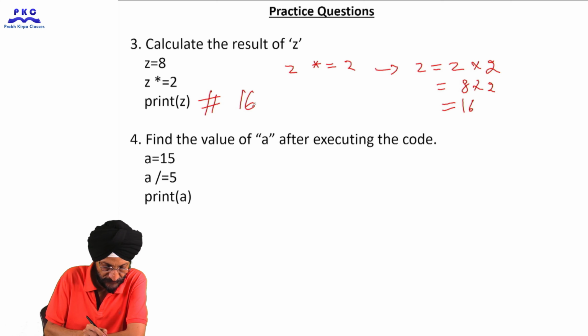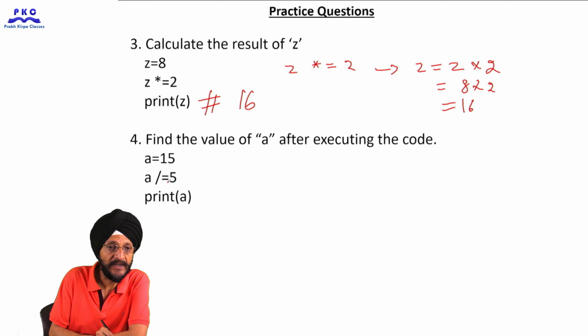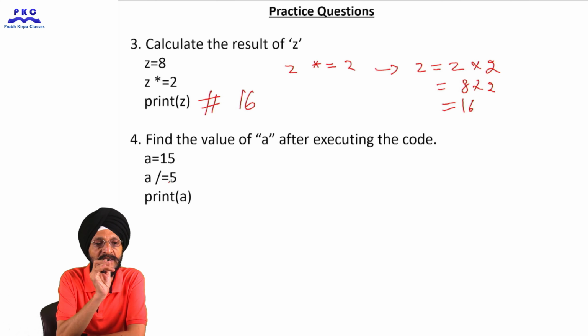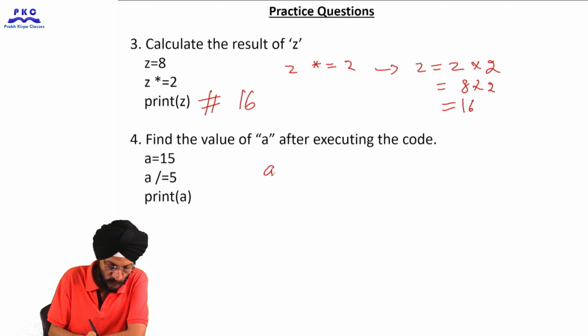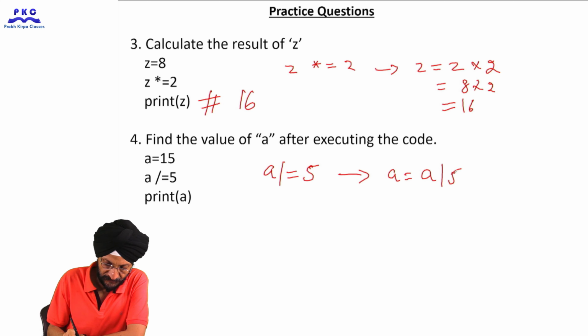Next is find the value of a after executing the code. A is equal to 15. A division assignment 5, print a. It means a is equal to a divided by 5, that is 15 divided by 5, because the value of a is 15.